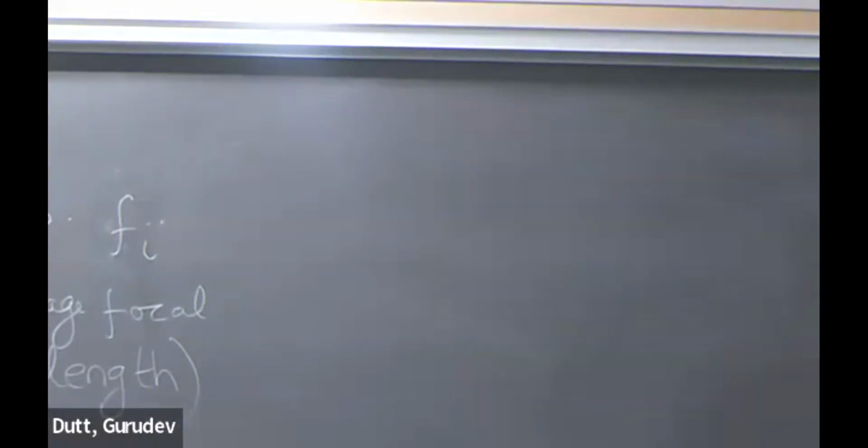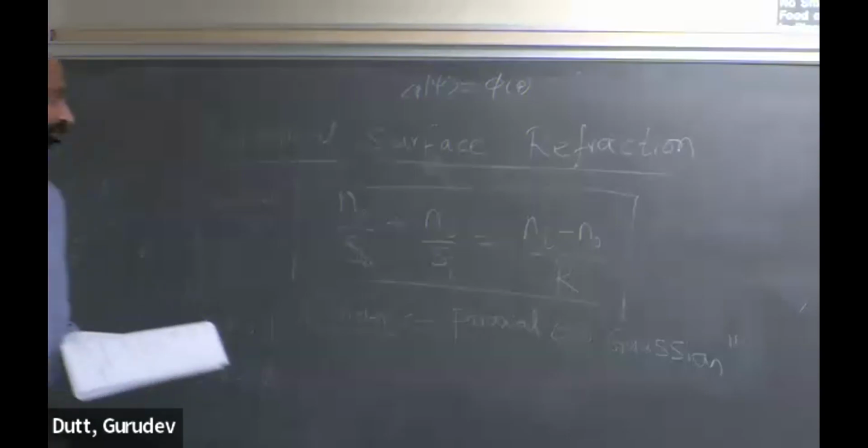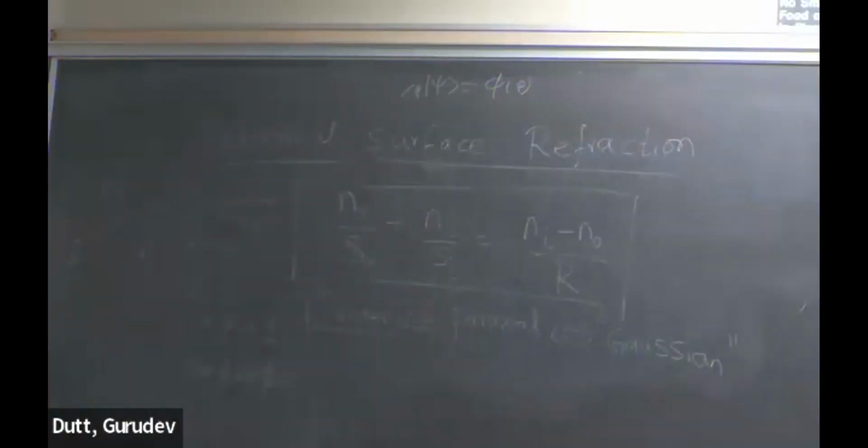From these two results, substituting in there, I put first S naught going to infinity, and Si equal to Fi. So I'll get, when S naught goes to infinity, No divided by infinity plus Ni.